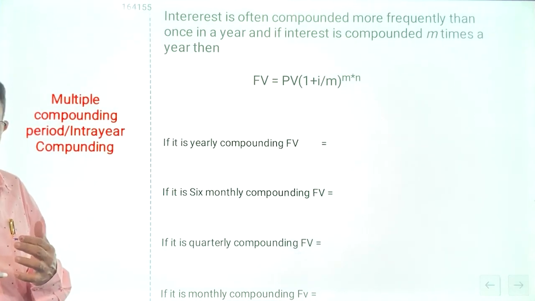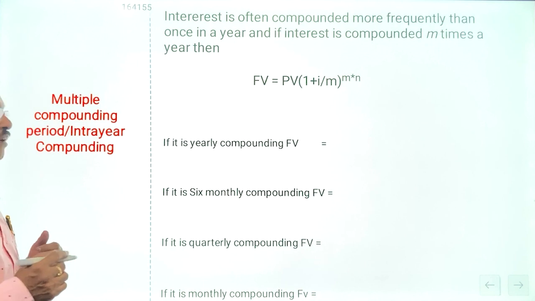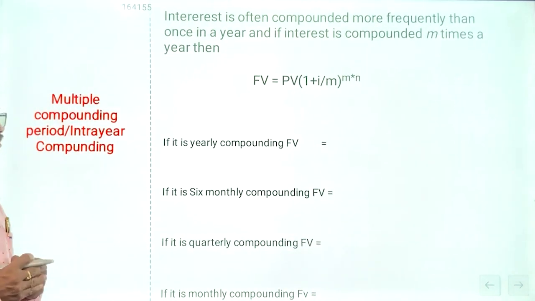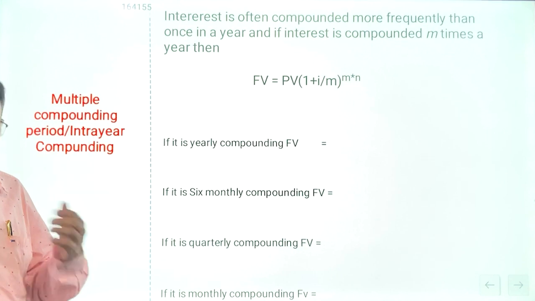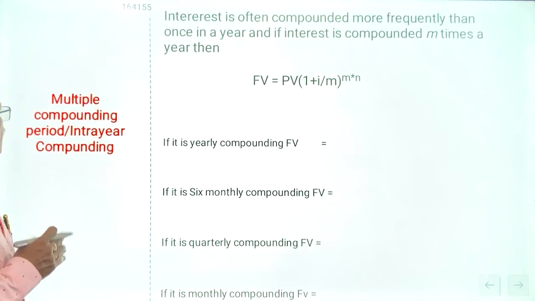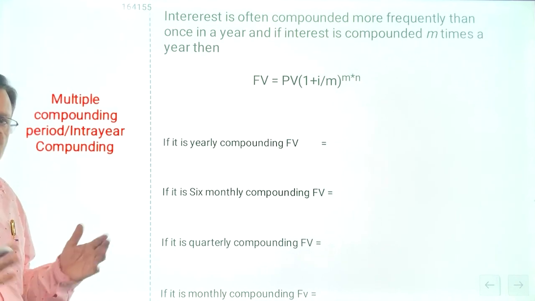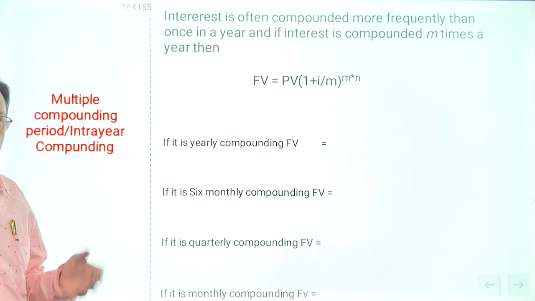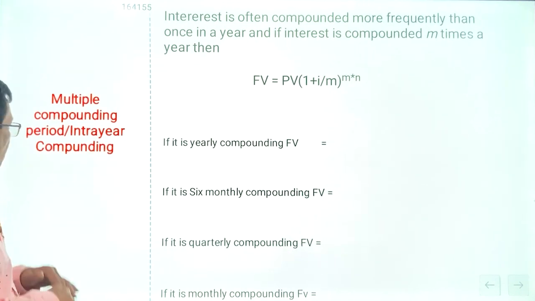Today, we'll take up the next topic relating to the time value of money, which is called multiple compounding period or intra-compounding period. What is this particular concept, which is known as multiple compounding period or intra-year compounding?